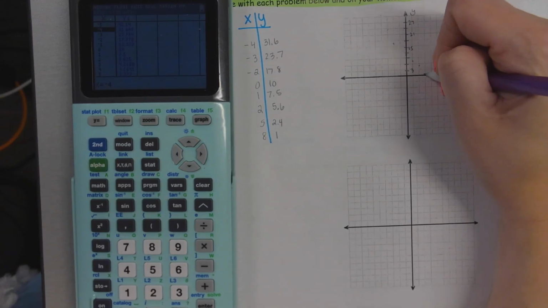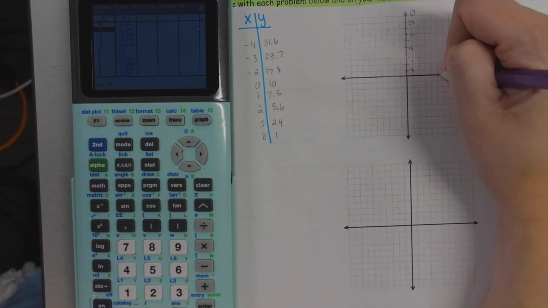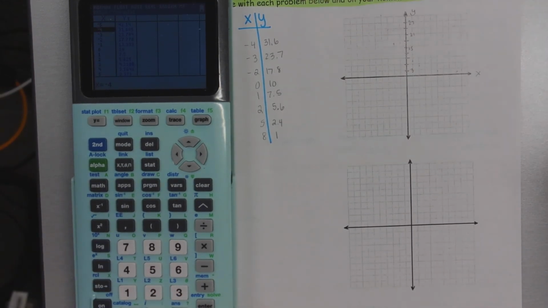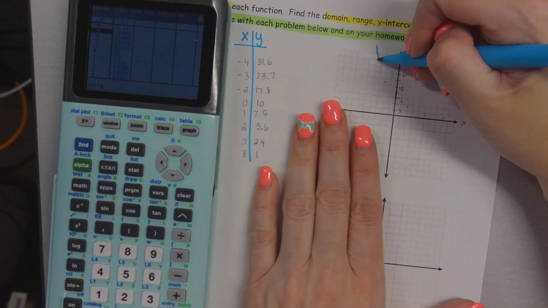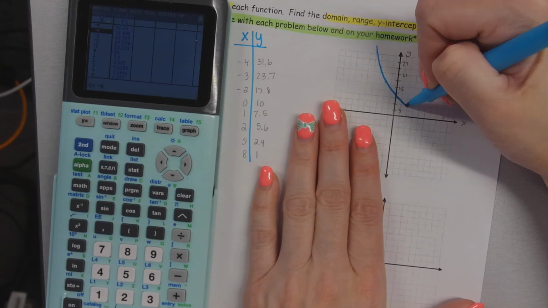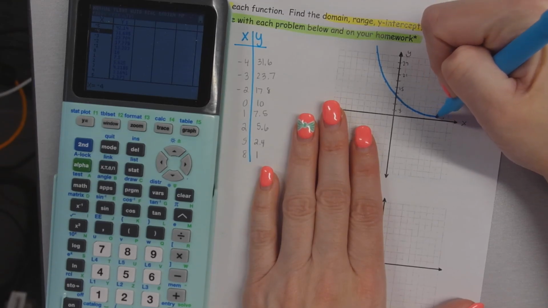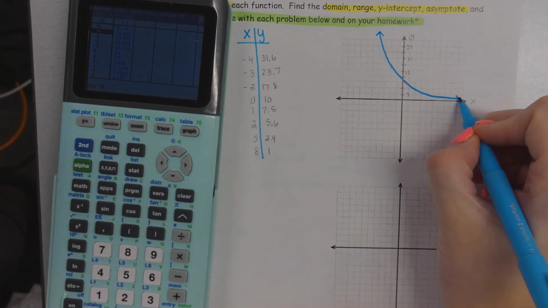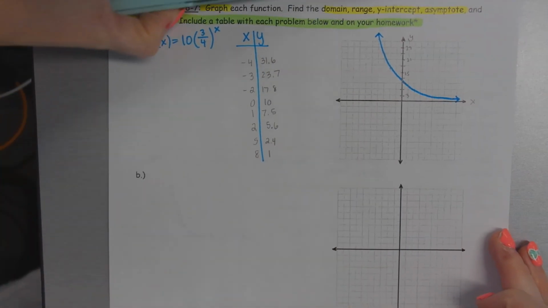When you're doing this, you should end up with an exponential shape. It's going to be closer and closer to 0, and then make sure you put your arrow on both sides.